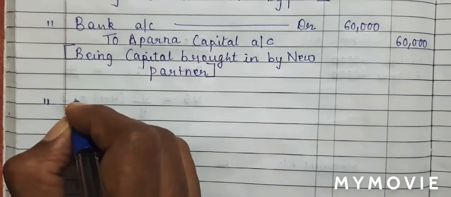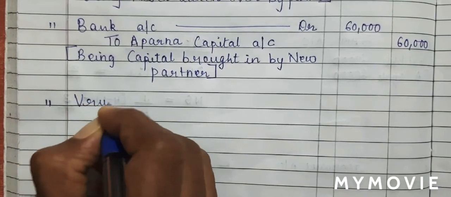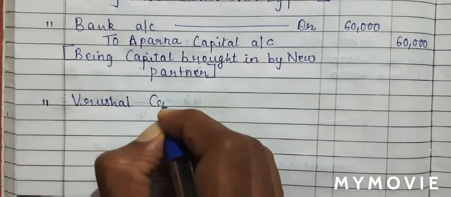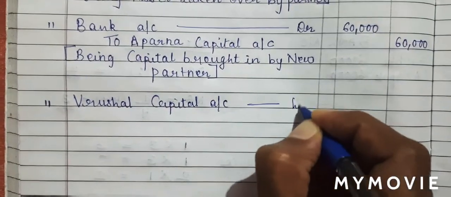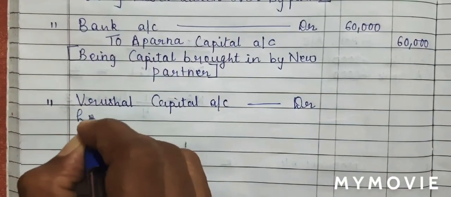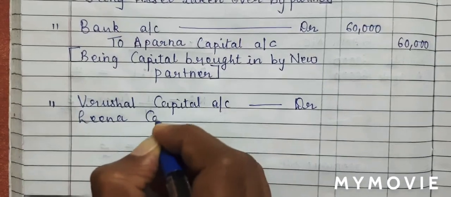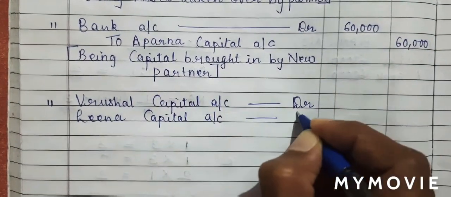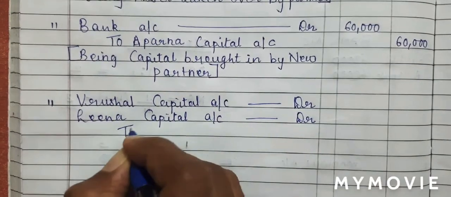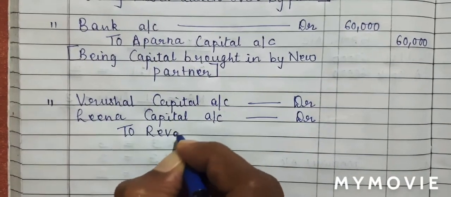Our journal entry will be Vrushali capital account debit, Leena capital account debit to revaluation account.